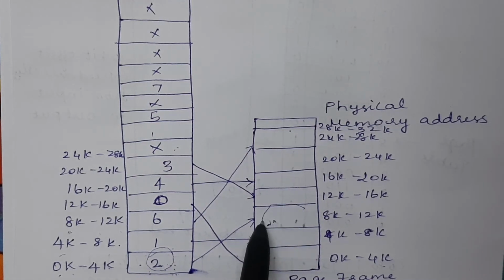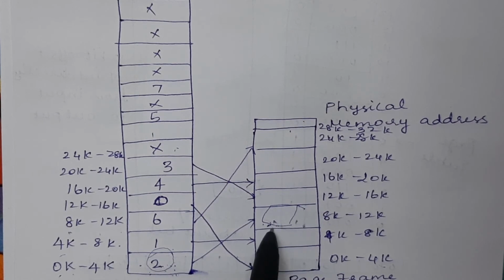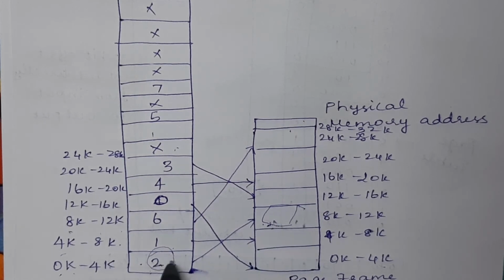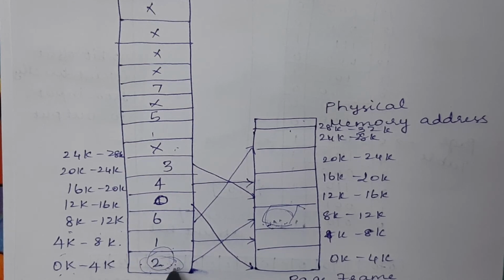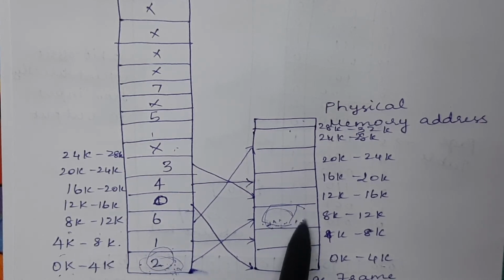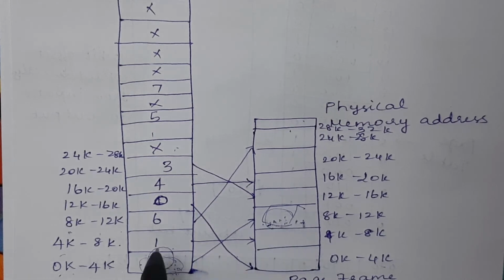That is the actual content we are going to fetch, because whatever content we have in the 0th location will be stored in frame 2 in main memory. So we got that information with the help of the page table, and we are again going to access frame number 2 in order to get that information.